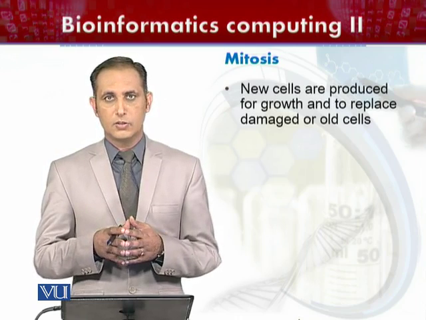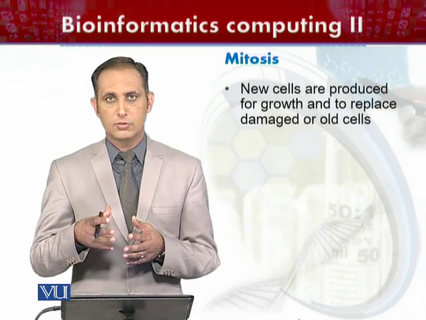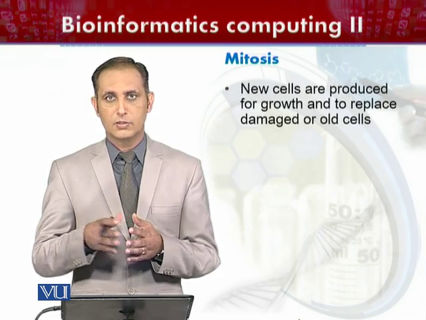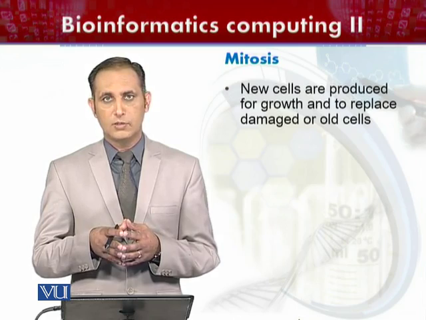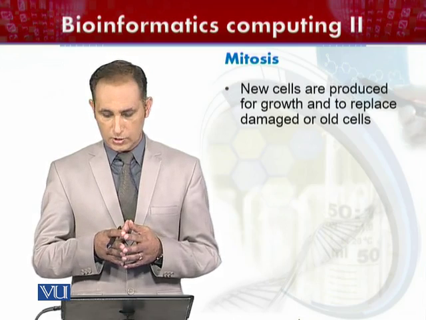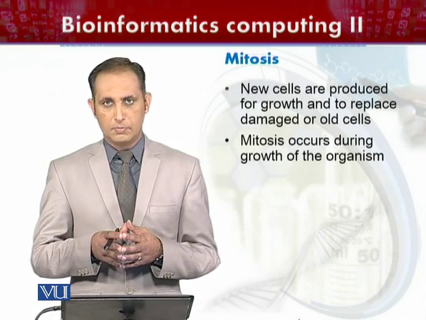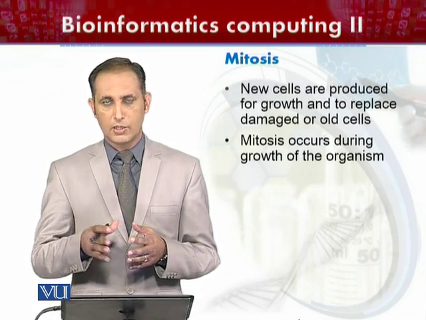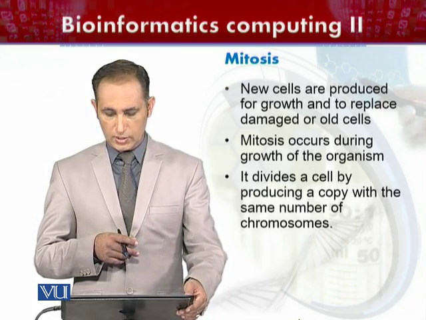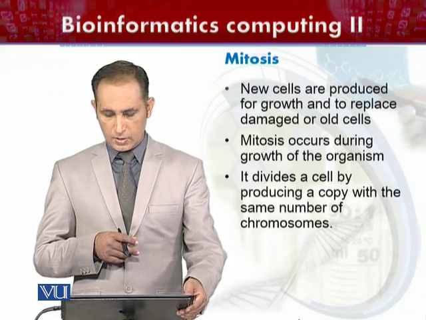There are some tissues in the body where mitosis doesn't take place, but in the majority of cells, mitosis does occur. So basically it's for growth, but also for replacing older and damaged cells.